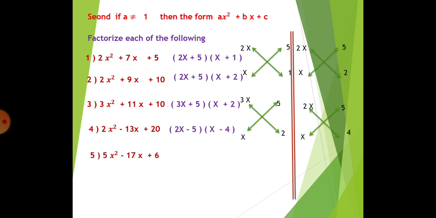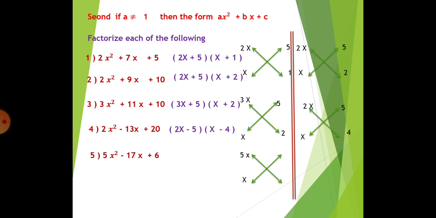Number 5, 5x power 2 minus 17x plus 6. We factorize 5x power 2, it will be 5x and x. 6, it's only 1 times 6 and 2 times 3. 2 times 3 and 3 times 2.